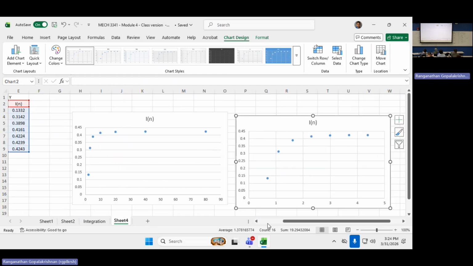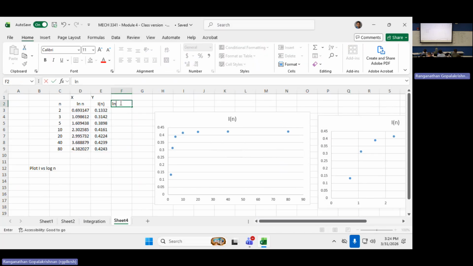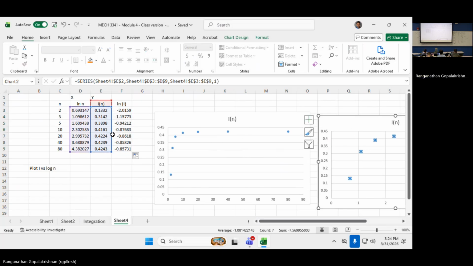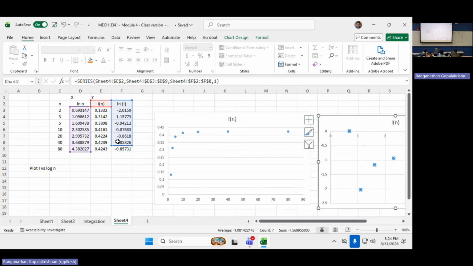So you want to try log of I, right? Log of I. So I'll do natural log of this column. Okay, and we'll make a graph between. Oops.